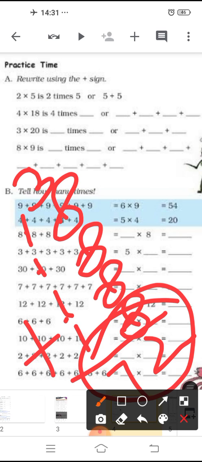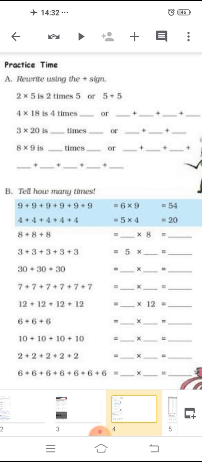The only thing is that you have to write what they told. Like 4 times 18 means 4 is your first digit and 18 is your second digit. That will give you the correct answer. If you make a mistake, like writing 18 in one place and 4 in the second place, that will not give you the right answer.